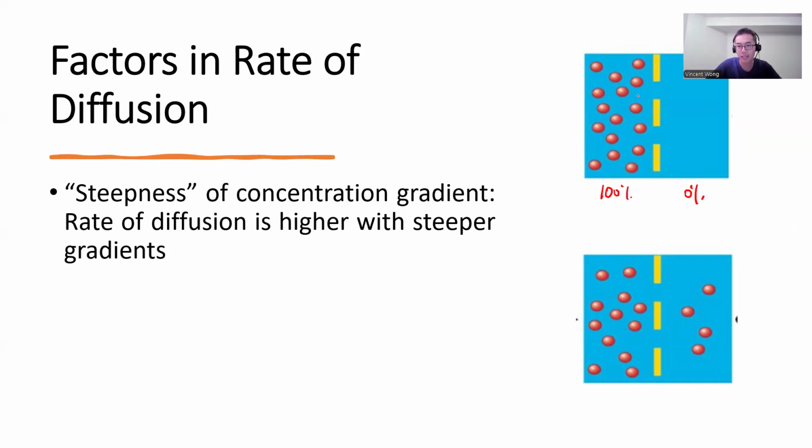That's a big difference, and so these molecules are going to move over quickly. However, if the difference is not so great, let's say this is 80% and this is 40%, totally making the numbers up, there is a difference. They will still move over, but it's not going to happen super fast.